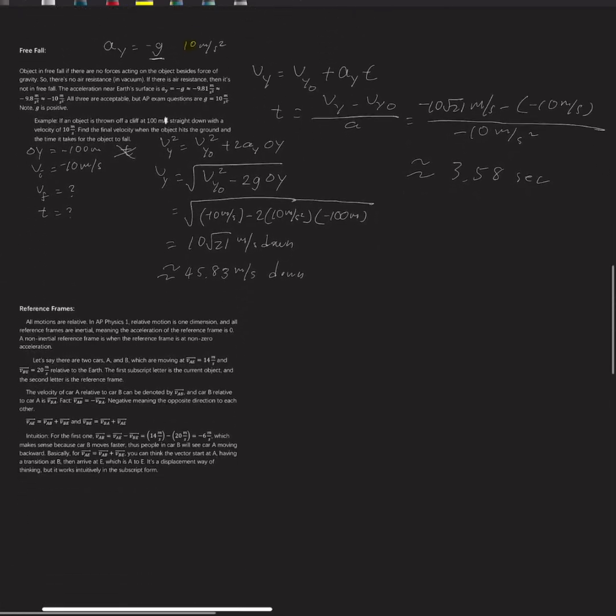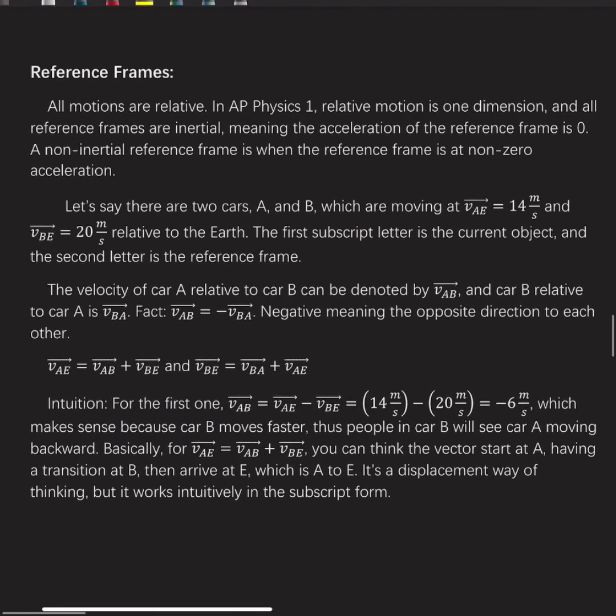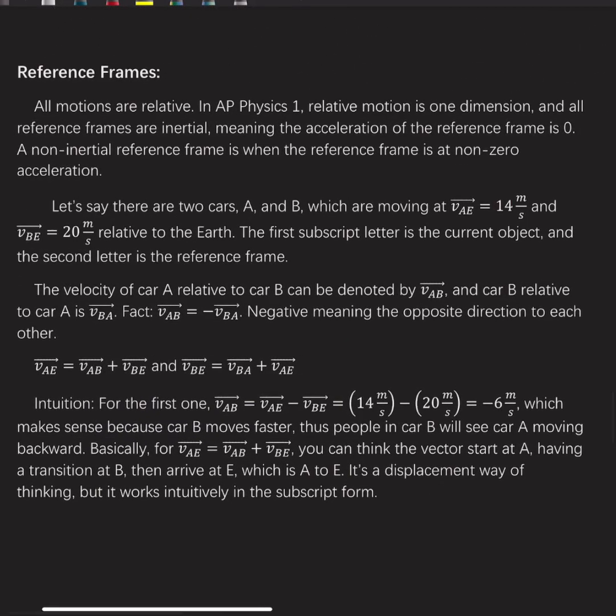Alright, let's talk about reference frames. All motion is relative. In AP Physics 1, relative motion is in one dimension only. And the reference frames are assumed to be inertial, meaning the acceleration of the reference frame is 0. A non-inertial reference frame is one with non-zero acceleration.